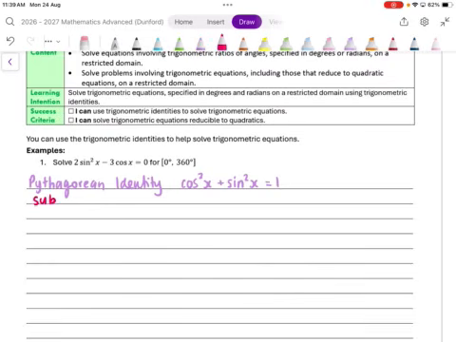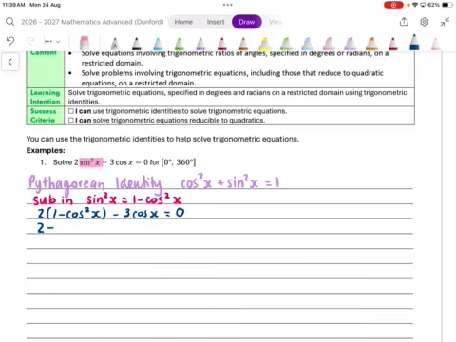So we're going to sub in sine squared x equals 1 minus cos squared x into the equation that we have. Where we have our sine squared x in our equation, we're going to replace that with 1 minus cos squared x. So what we'll have is 2 lots of 1 minus cos squared x, minus 3 cos x, is equal to 0.